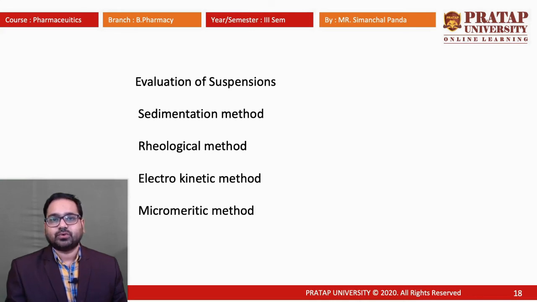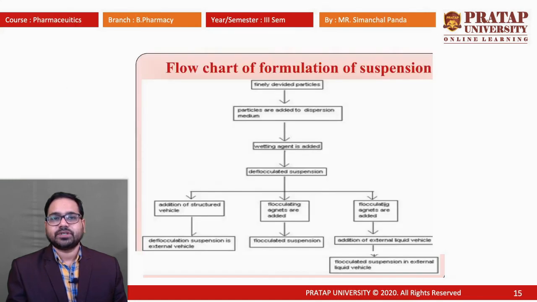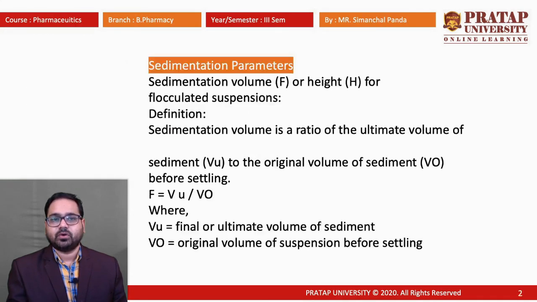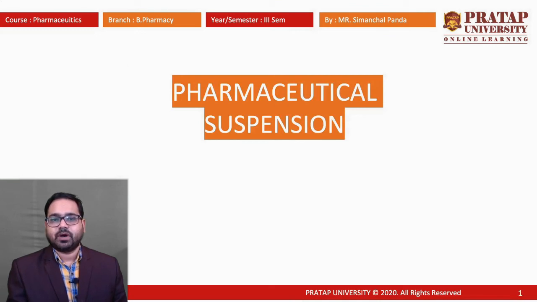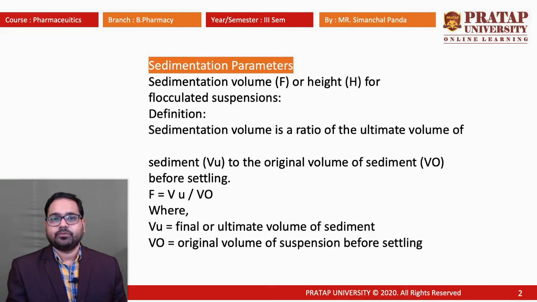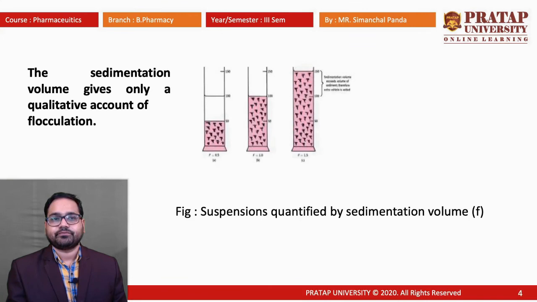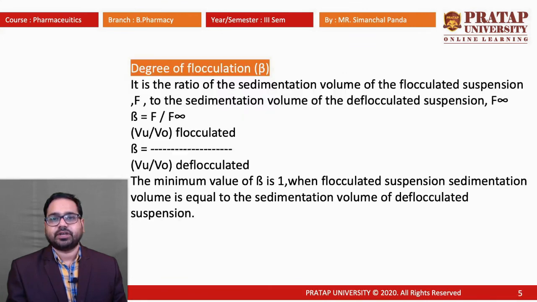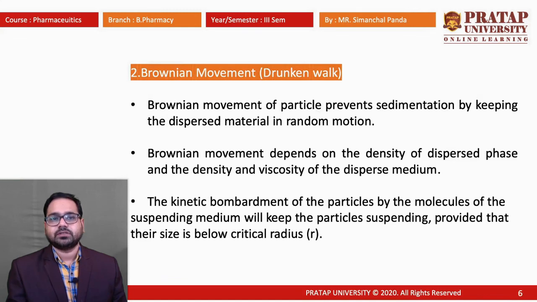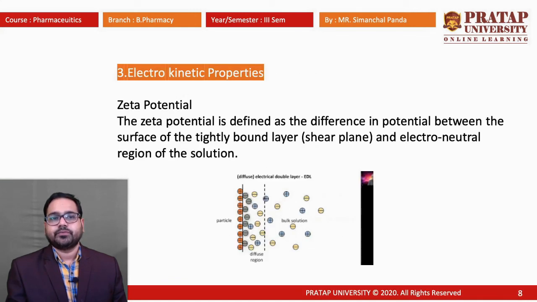So we are going to conclude the chapter of suspension, which comes under colloidal and non-colloidal dispersions. We have studied all of these. First we studied the definition and the different parameters, then the sedimentation volume or sedimentation height, and the use of F. We studied the factors influencing the rate of sedimentation, degree of flocculation, Brownian movement, and the different electrokinetic properties.